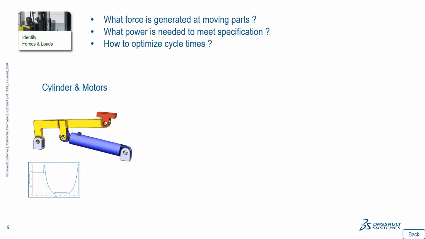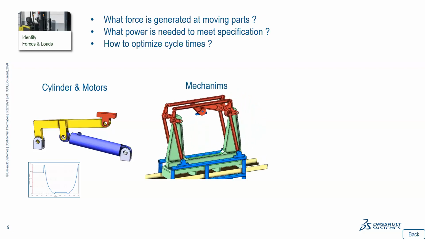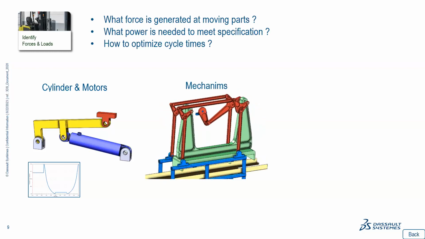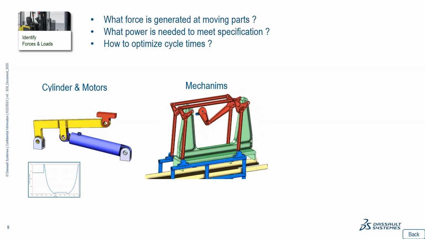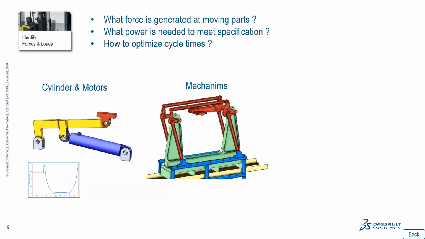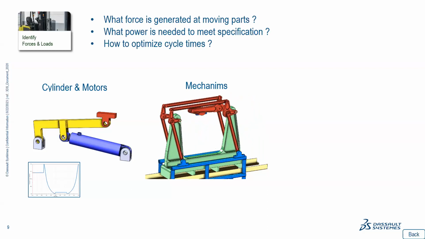So this is something you can anticipate and simulate using a solution we have integrated in SolidWorks. Thanks to this type of simulation, you can really simulate the motion behavior of whole mechanisms.